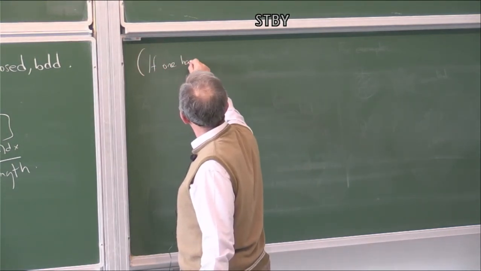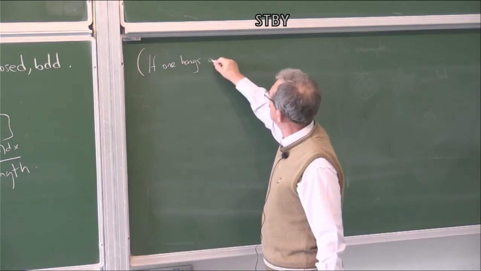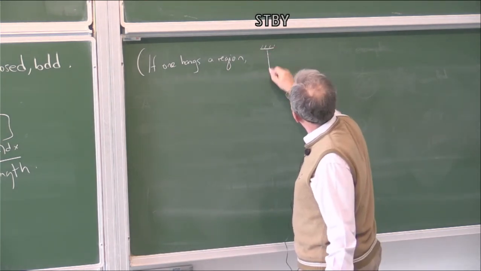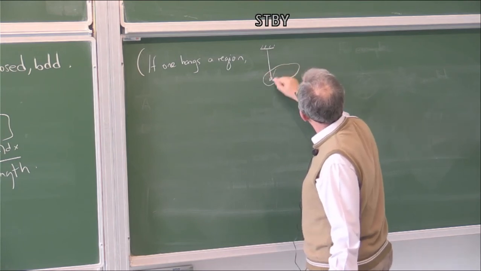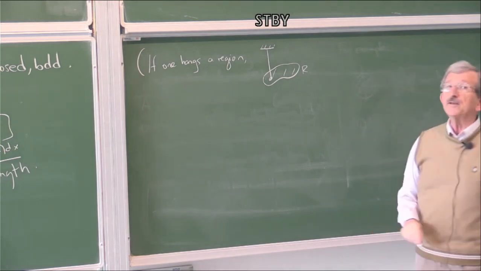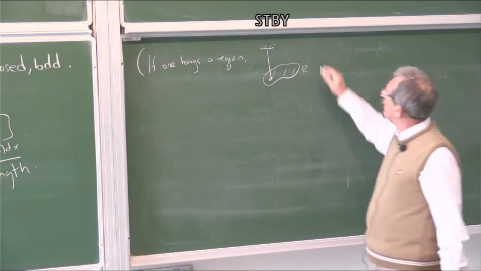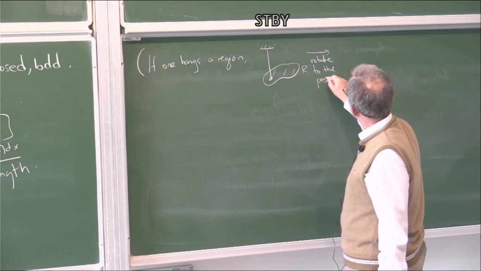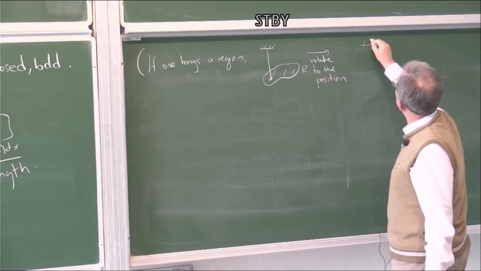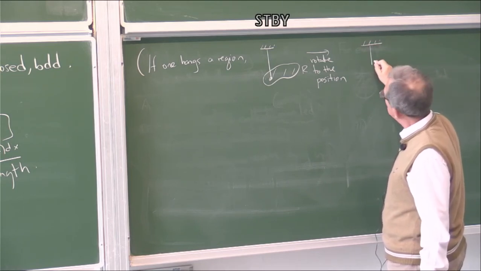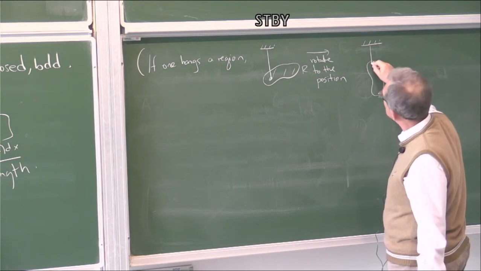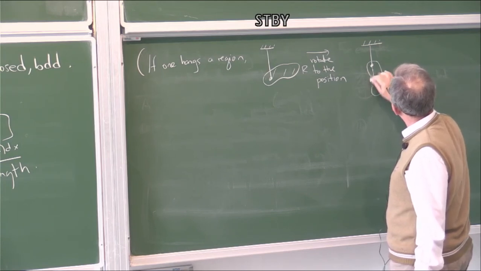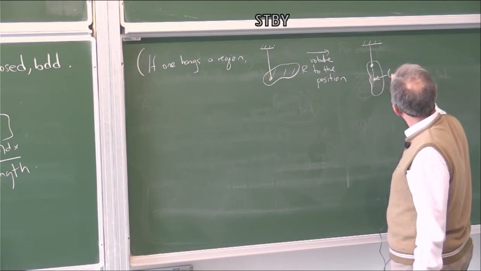If one hangs a region, something like this, this is the region R. If you hang it like this, under gravity, it will rotate to the position, something perhaps like this, where this is the point x bar, y bar.